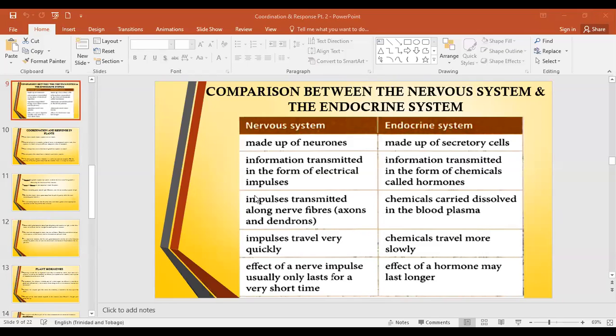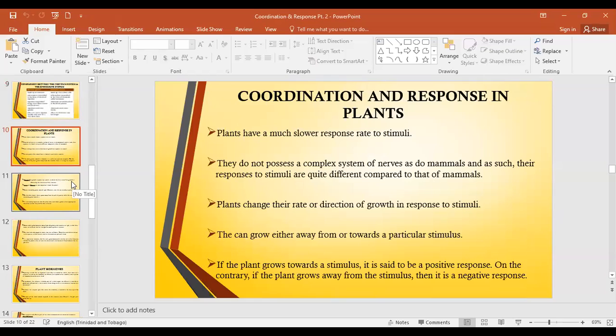All right, once you're fine, the final thing that we have to talk about is plant hormones and plant responses to stimuli. Plants don't have a nervous system as we do, but they are still able to respond to stimuli. If a plant grows towards a particular stimulus, it is said to be a positive response.